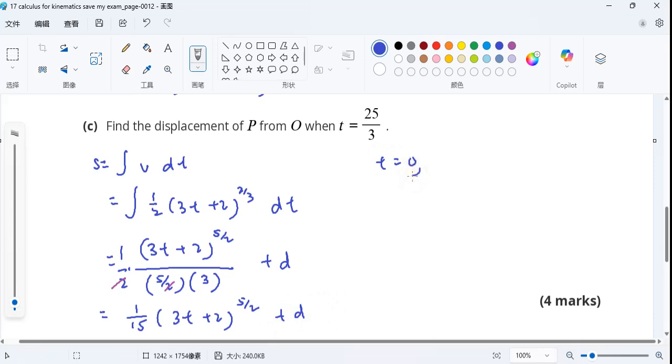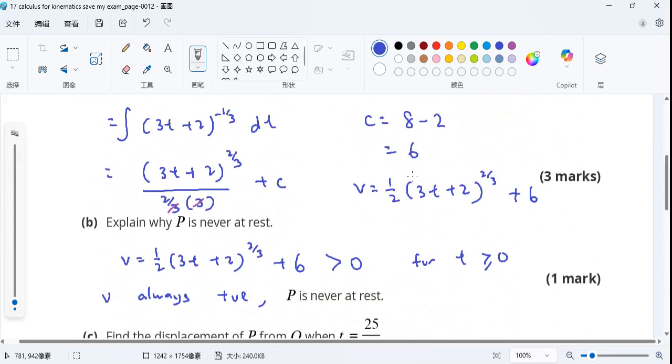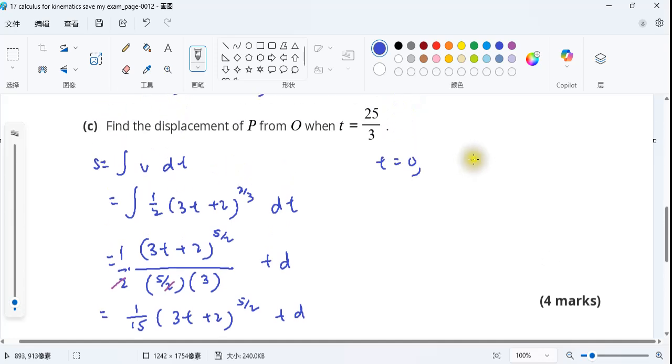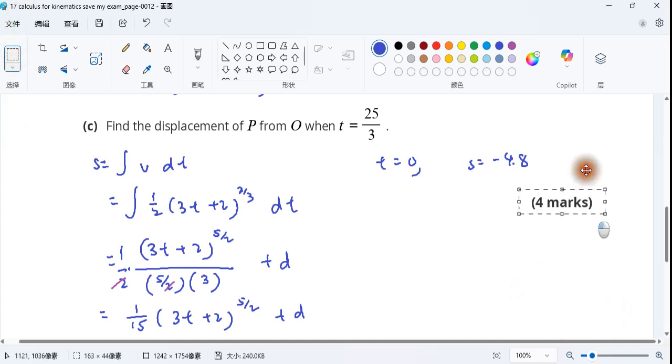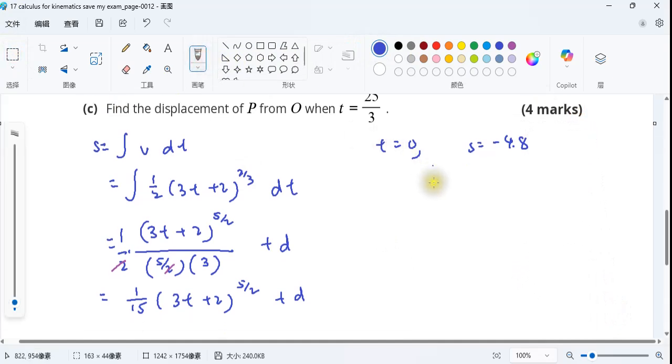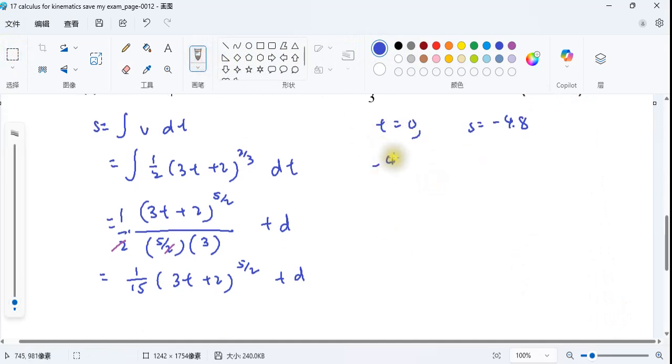When t equal to 2, s is negative 4.8. So we can find the value of the d here. So negative 4.8 equal to 1 over 15 times 2 to the power of 5 over 2 plus d.